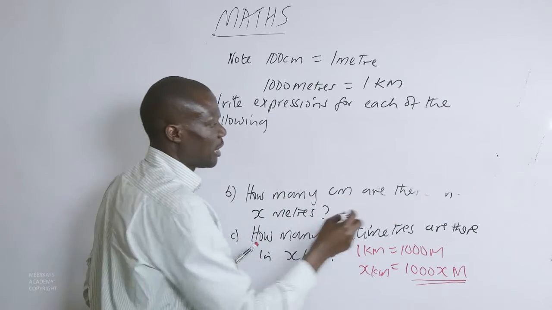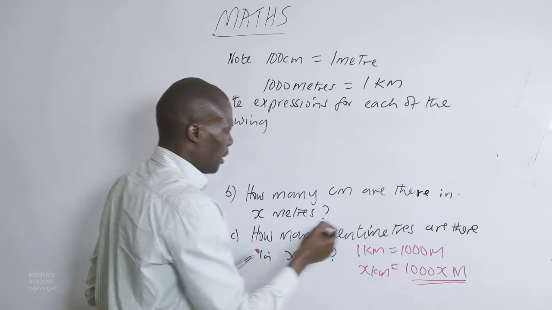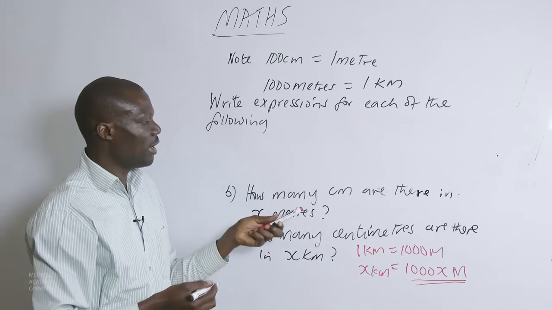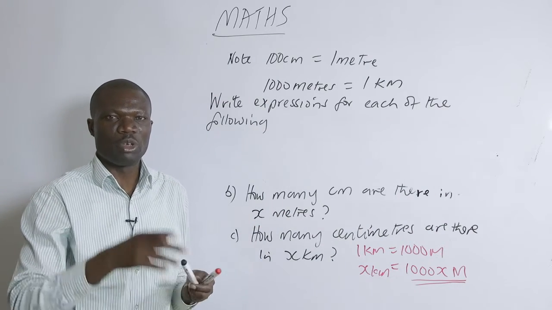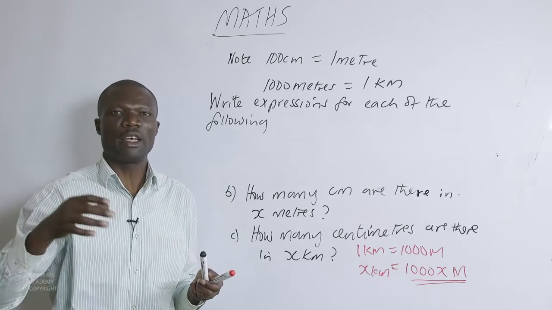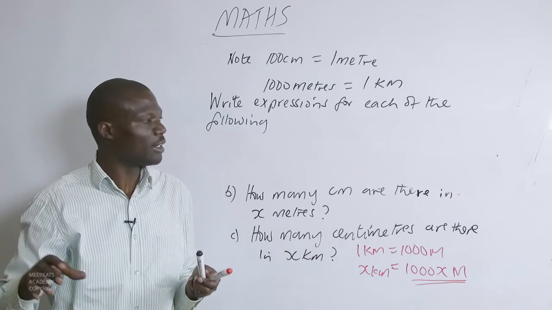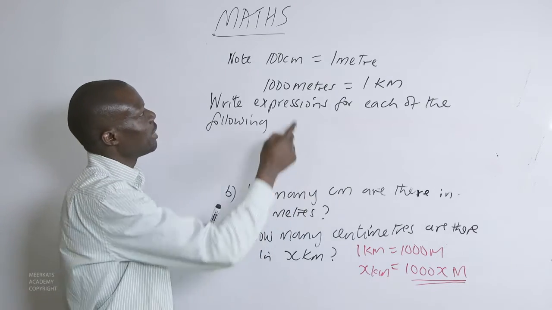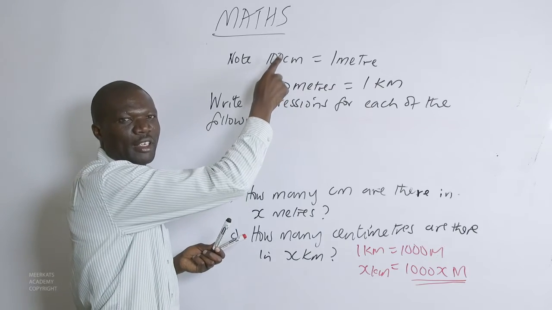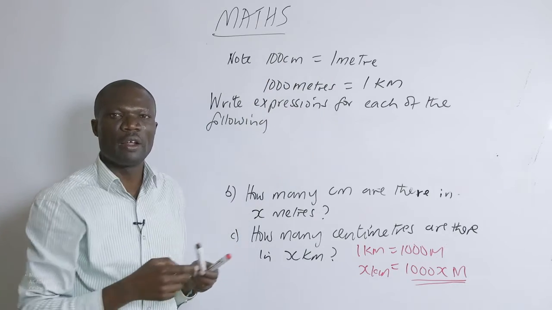The second question, how many centimeters are there in X meters? Again here, we look at the relationship between the centimeters and the meters. The relationship is given here: 100 centimeters is equal to 1 meter.